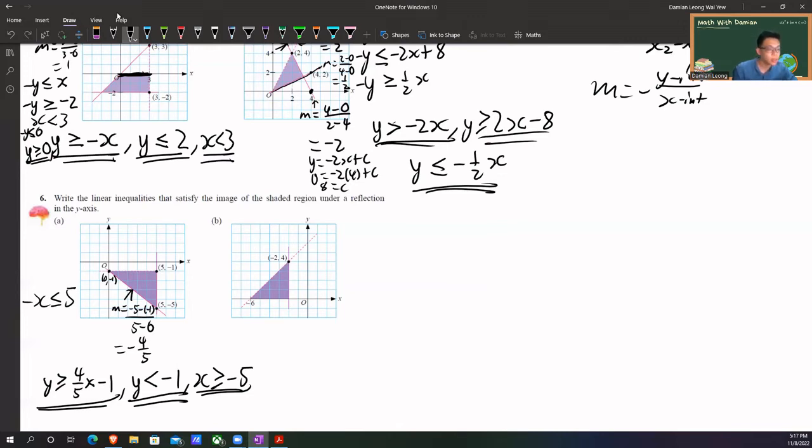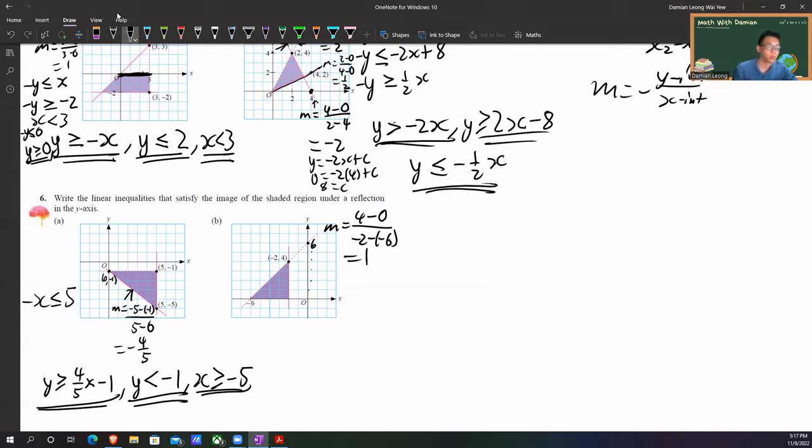And this one, I have -2, 4 and -6, 0. So gradient here, 4 minus 0 over -2 minus -6, which is 4 over 4, 1. So gradient 1, C is here, 1, 2, 3, 4, 5, 6.